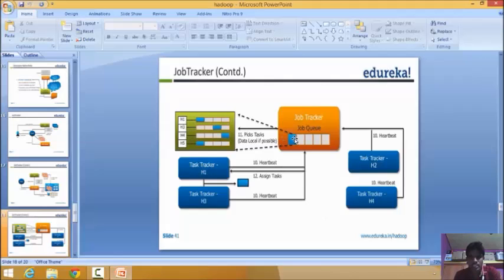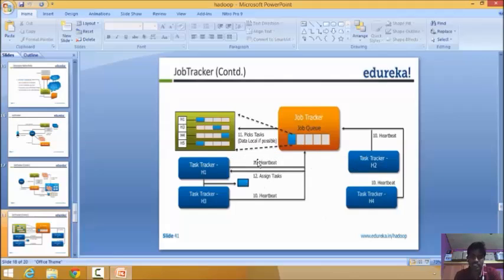The task tracker picks the jobs from the job tracker and performs the MapReduce task on them. After completion of this task, the job tracker assigns another task to the task tracker. After completing, it again sends a heartbeat.